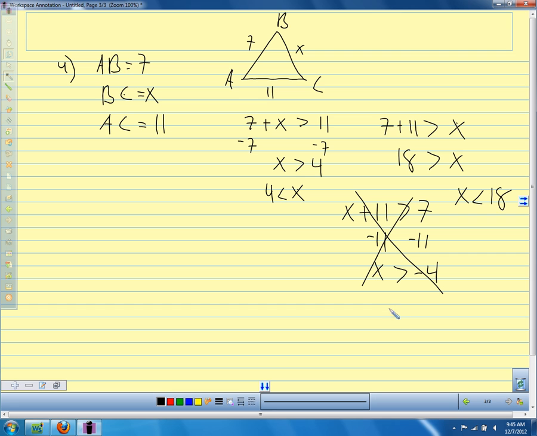So the way it's written on your homework, we have an x and we have our inequality arrows here. The 4 goes on this side, and the 18 goes on that side. So 4 is less than x, and x is less than 18. So x has to be between 4 and 18 in order for these side lengths to make a triangle. So this would be our answer.